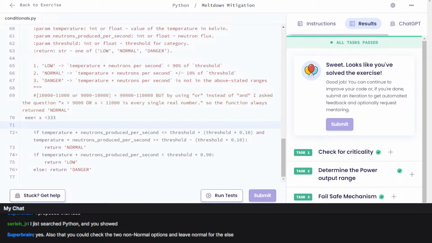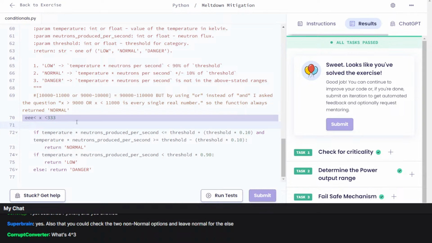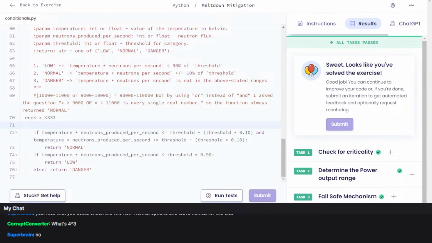Wait, can I fulfill both of those conditions together, or do I... Oh, wait, there's 2 different solutions, right? I want to code them both, basically. Corrupt Converter says what's 4 cubed? Wait, no? What do you mean no? Sorry, I already forgot. Maybe you should write a whole sentence. They're two different solutions.